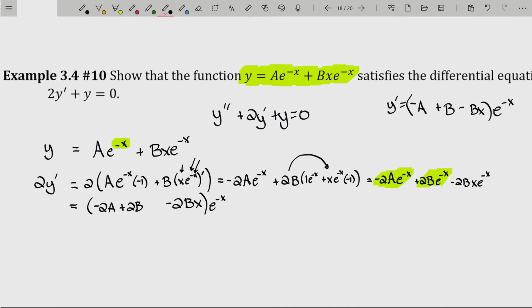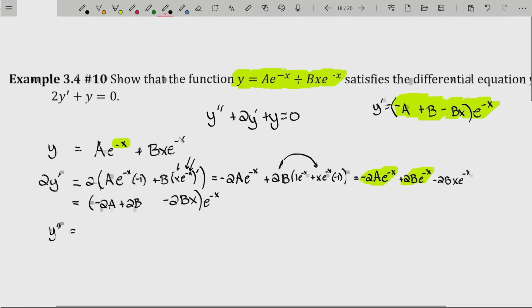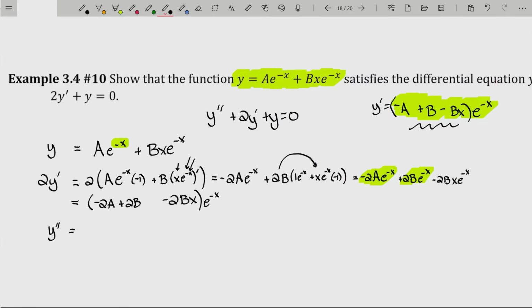All right. So let's go ahead and now take this second derivative, or in other words, the derivative of this picture right here. That's a product rule, so not too bad. The derivative of the first group is going to be just a negative b, because a and b are constants, so those go away.